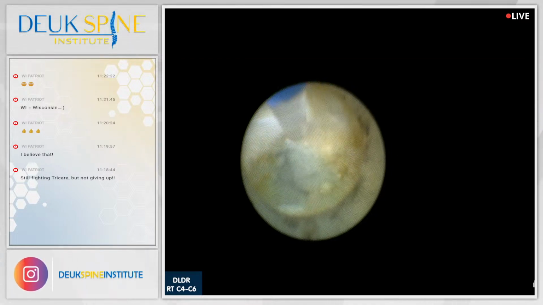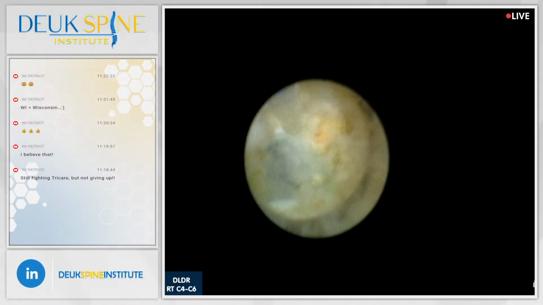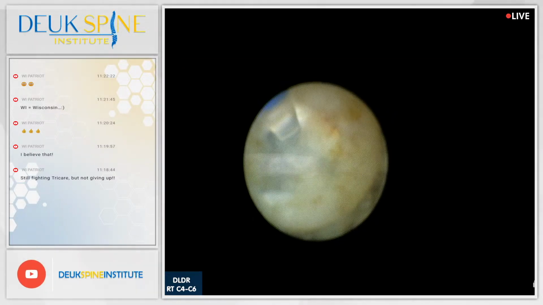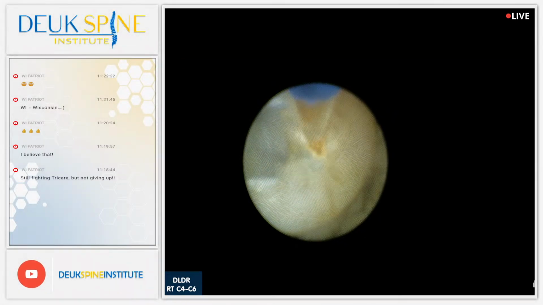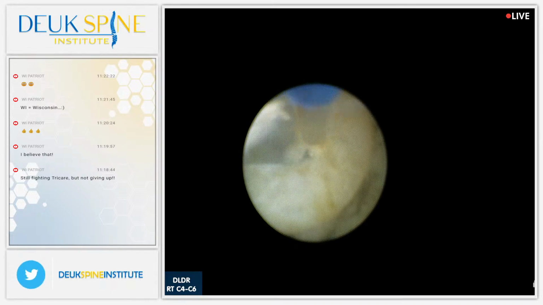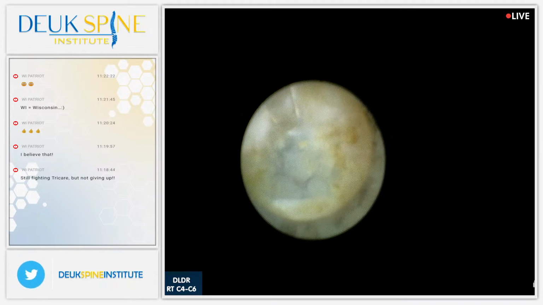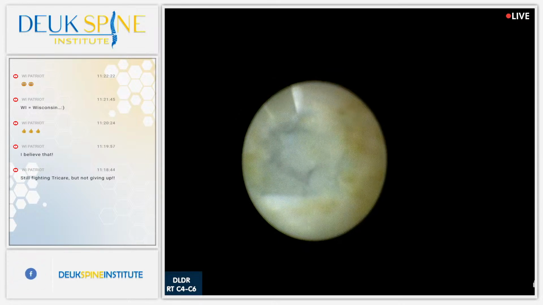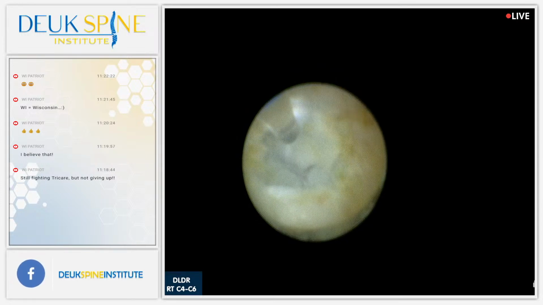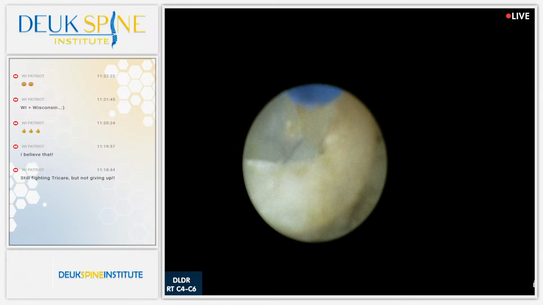Oh man, there's still a piece of herniation right there. I need literally 1 minute, Dr. B. I'm almost done. Look at that piece of herniation buried underneath the posterior longitudinal ligament. That's a big one. Got to get it. But amazing, huh? The ability to see this stuff with the scope. Oh yeah, I can feel them.